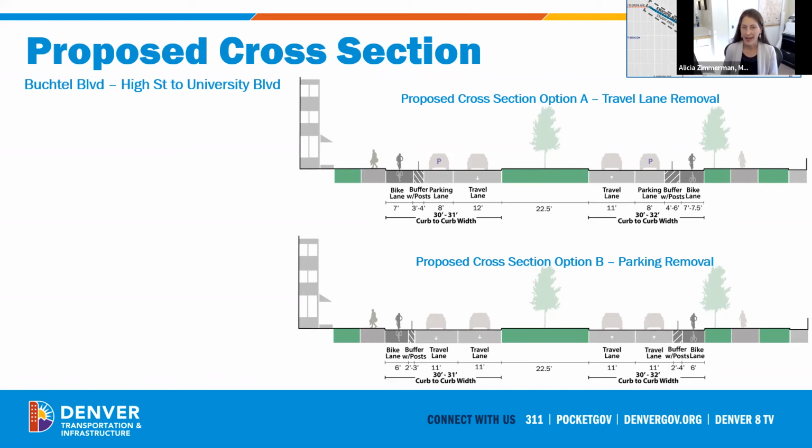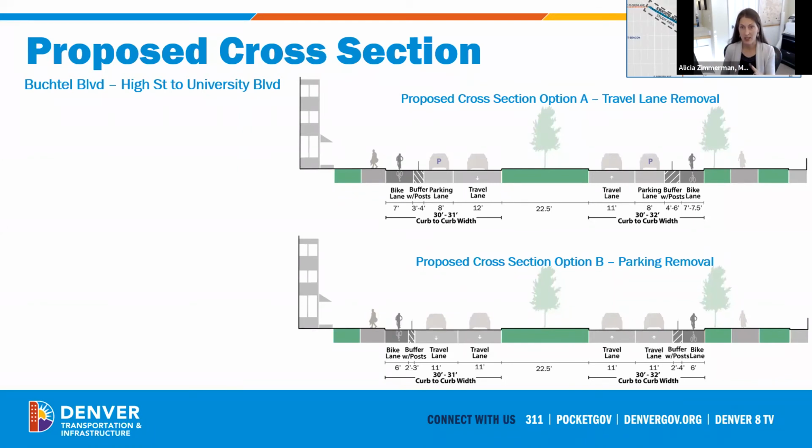So option A that's shown on the top is removing a travel lane. If you remember, the existing cross section in this section includes 2 travel lanes eastbound, 2 travel lanes westbound, and then parking. So we can't fit 2 travel lanes, parking, and a protected bike lane all without doing significant curb work, behind the curb work.